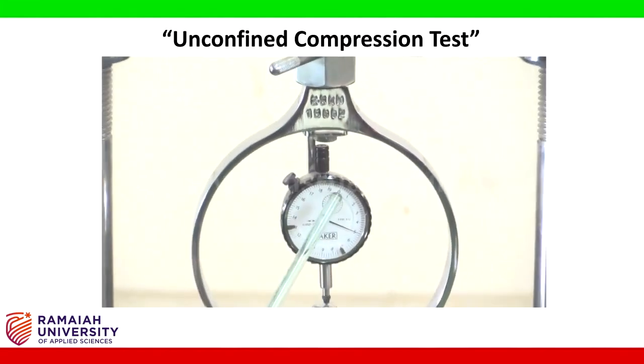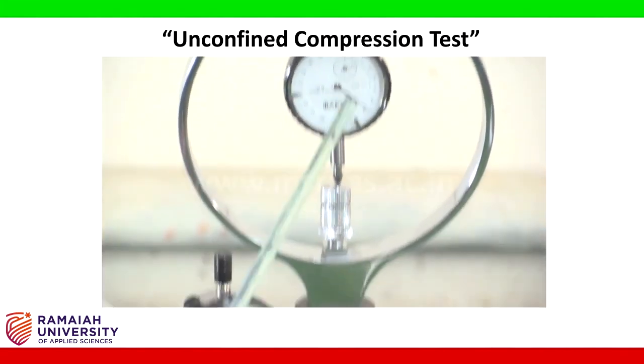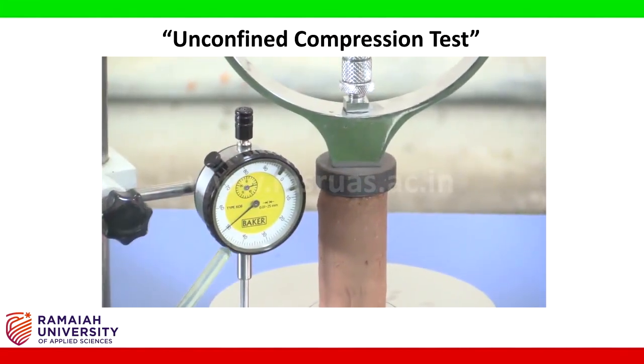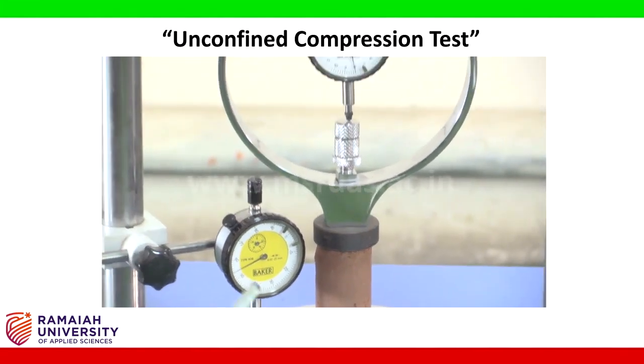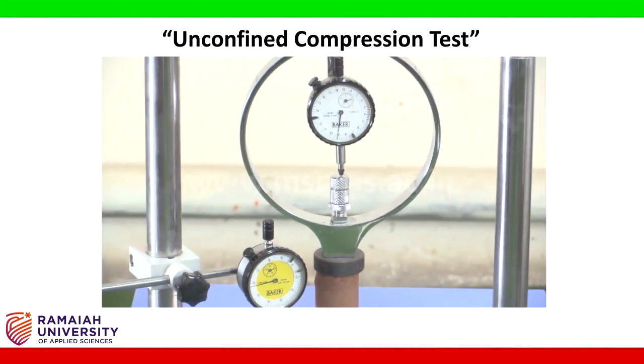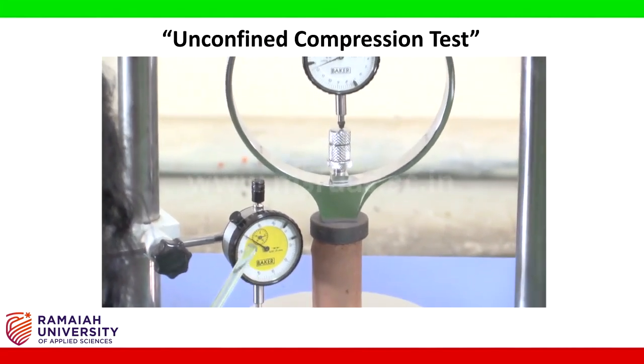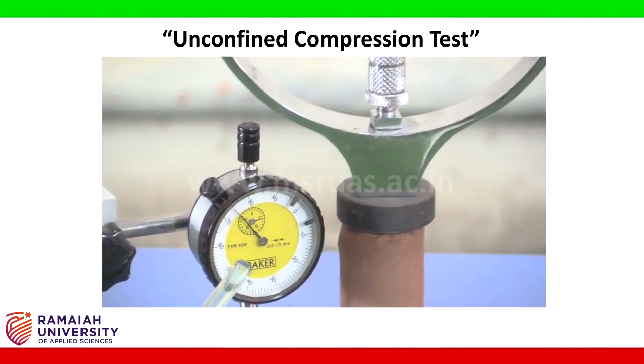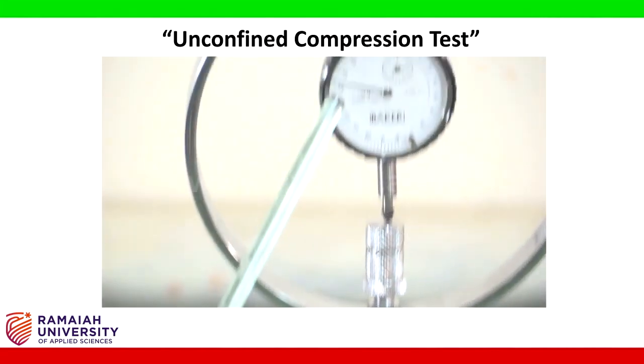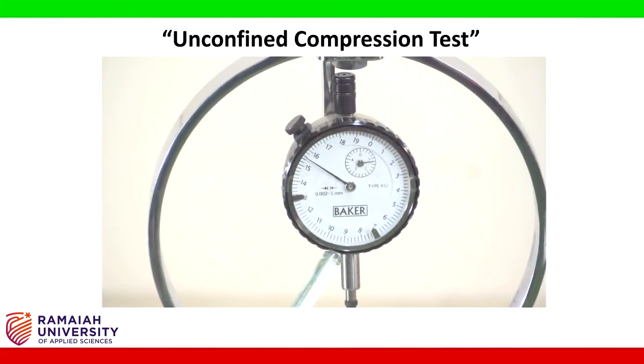Now you can see the dial gauge readings are increasing, both the proving ring as well as the deformation gauge. Now for deformation of 50, 100, 150, you can correspondingly note the readings on the proving ring.